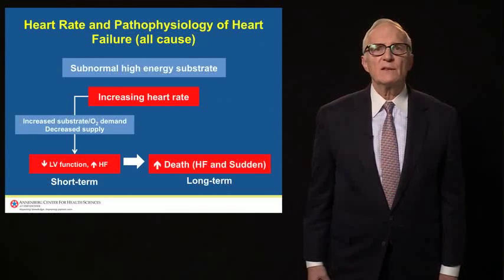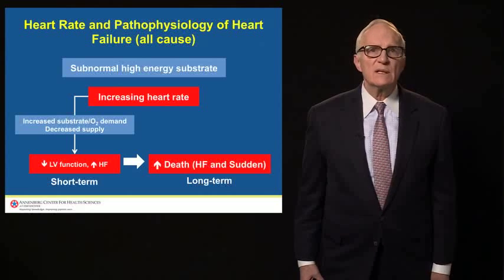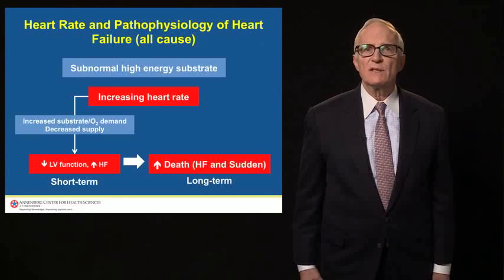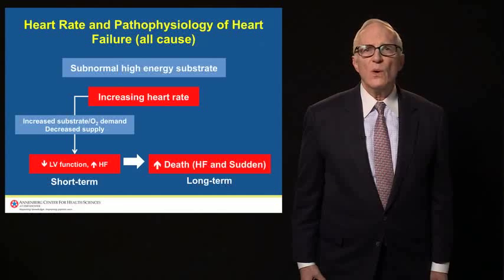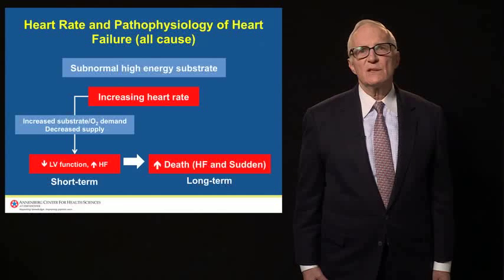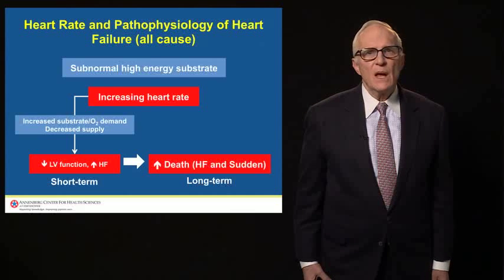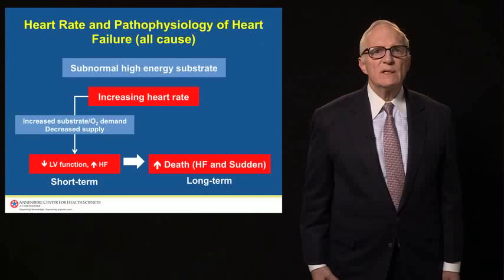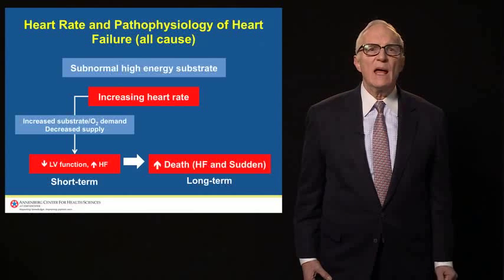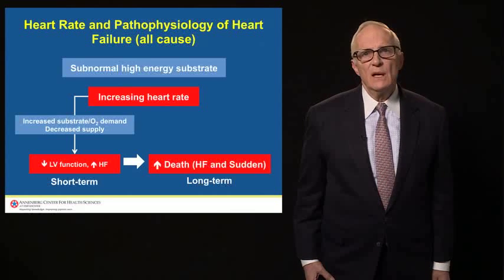Now, how about the impact of heart rate? When we discuss beta blockers, we really do have to consider heart rate. What does heart rate have to do with the pathophysiology of heart failure? First of all, increasing heart rate leads to an increased demand for oxygen and for high-energy substrates in the myocardium.